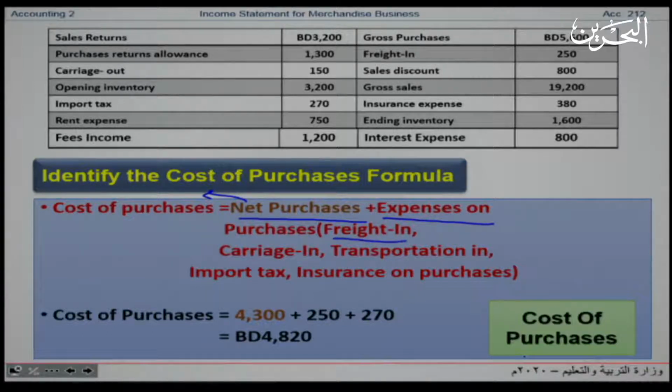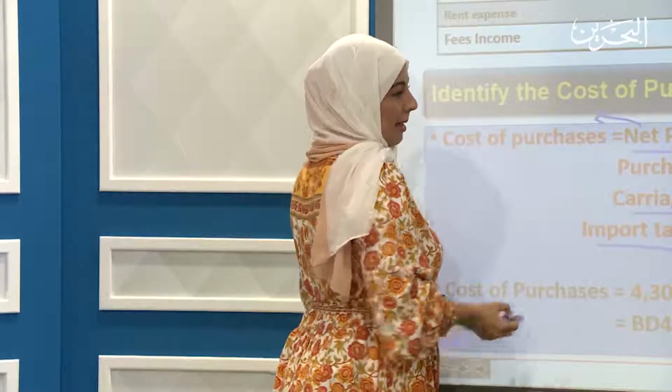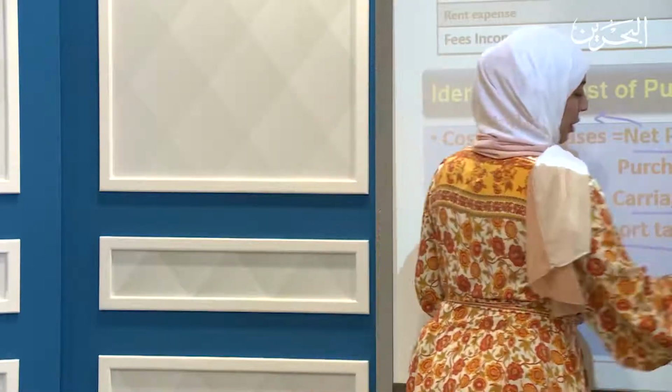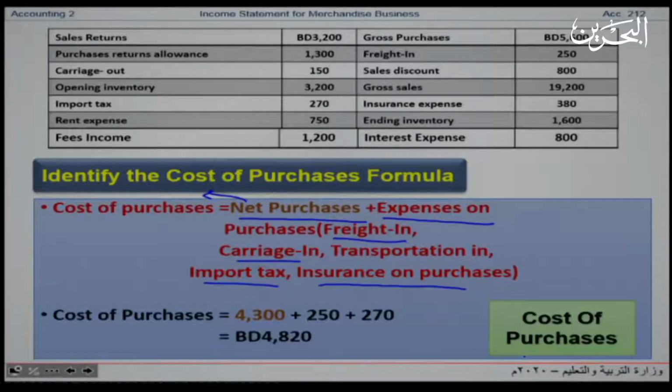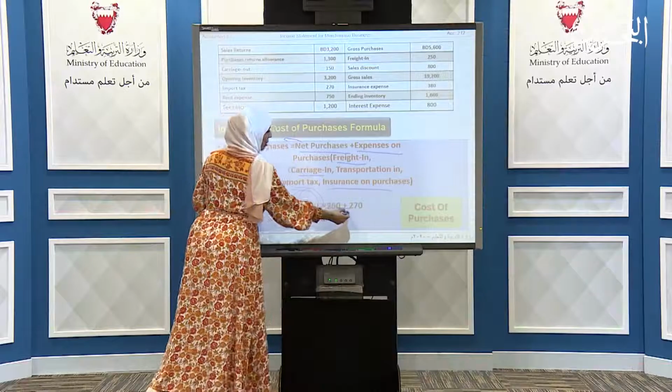We have examples of freight in, carriage in, transportation in, the import tax, and the insurance on purchase. When we apply the figures in our formula, I will take the net purchase that I found in the previous slide, and I will add the expense on purchase.